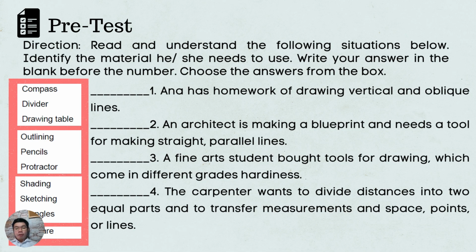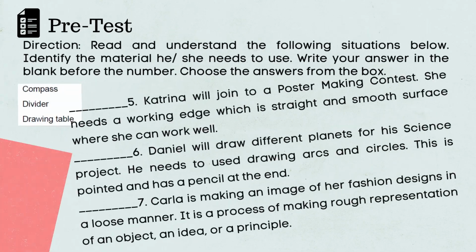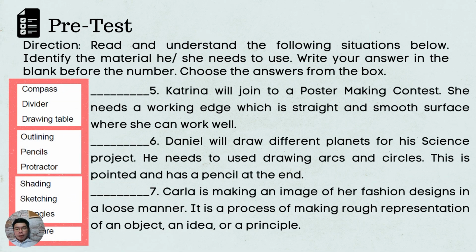The carpenter wants to divide distances into two equal parts and to transfer measurements and space, points, or lines. 5. Katrina will join a poster making contest. She needs a working edge which is a straight and smooth surface where she can work well.